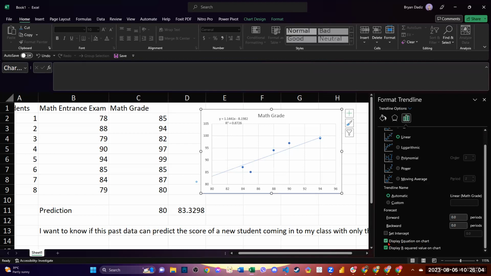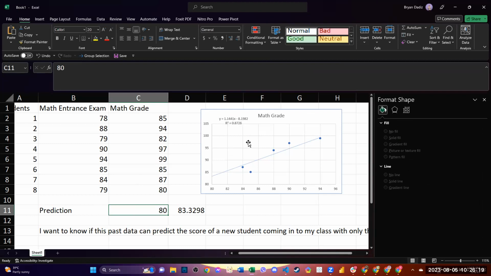So remember, I check the display equation on the chart, meaning based on this data, Excel already performed the equation for us, and we just need to plug in the value of X from the formula Y equals 1.1441x minus 8.1982. All right? So we plug in the value of X.